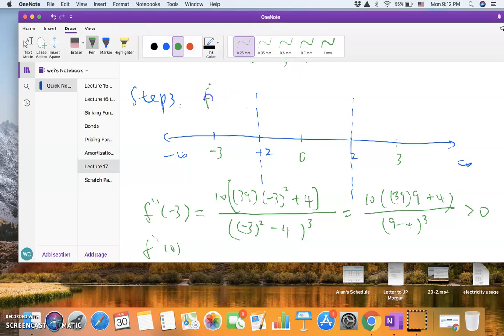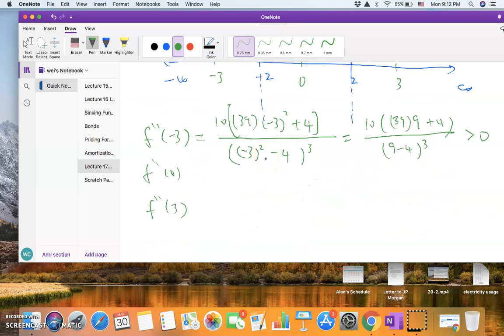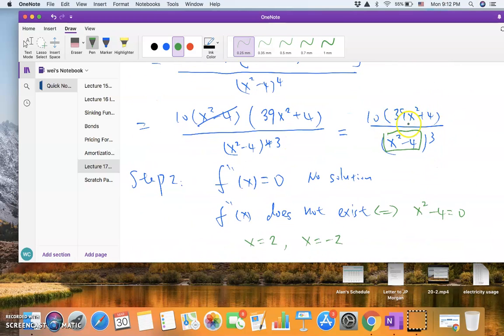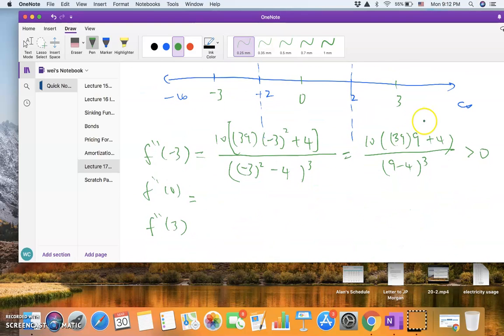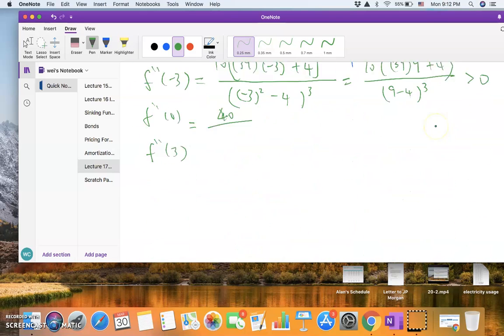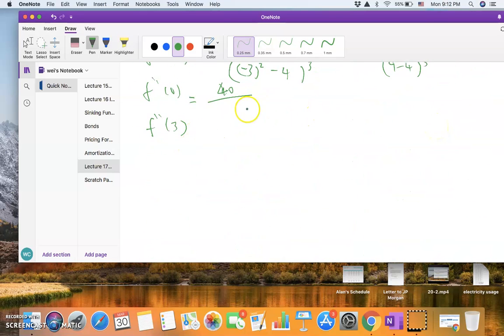Okay. So the second derivative is positive on the interval from negative infinity to negative 2. Now, if x is 0, the numerator is 10 times 4, so that's 40. And the denominator is 0 minus 4 to the power of the third.